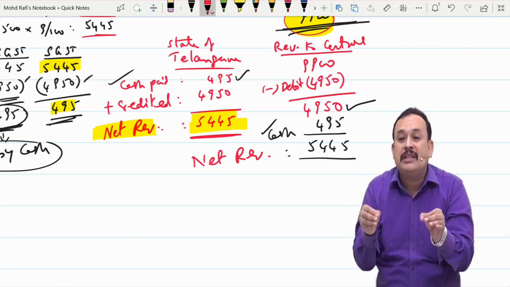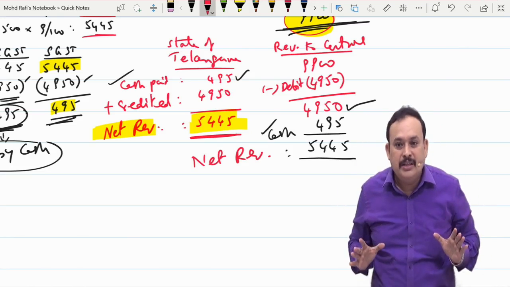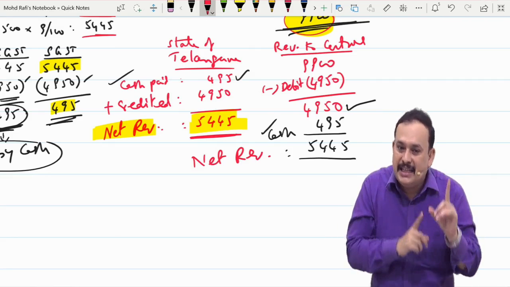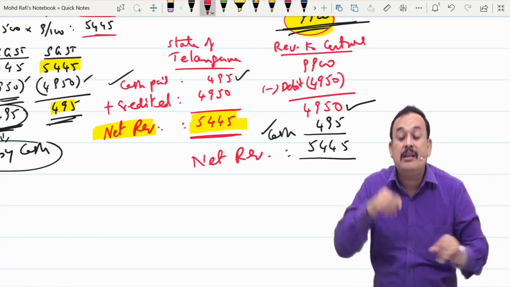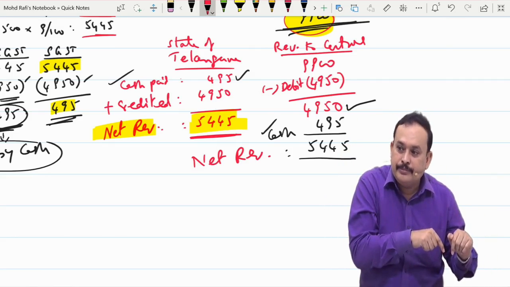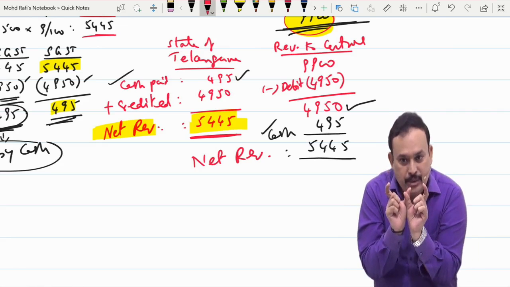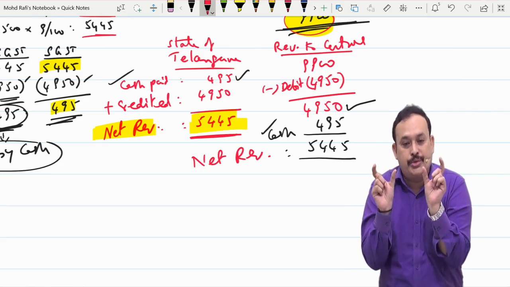It is one of the foundation concepts of GST. Out of the indirect tax of GST, the central cannot gain, the state cannot lose. The tax revenue should go equally.